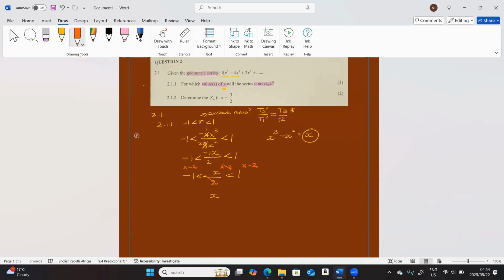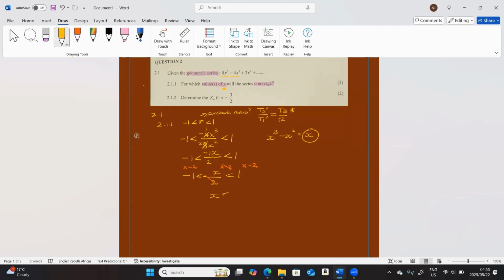So that is very important. That principle: when I multiply or divide by a negative number, when I work with inequalities, my inequality will change to the opposite direction. Very, very important. So make a note of that as well, because you forget that in your test.